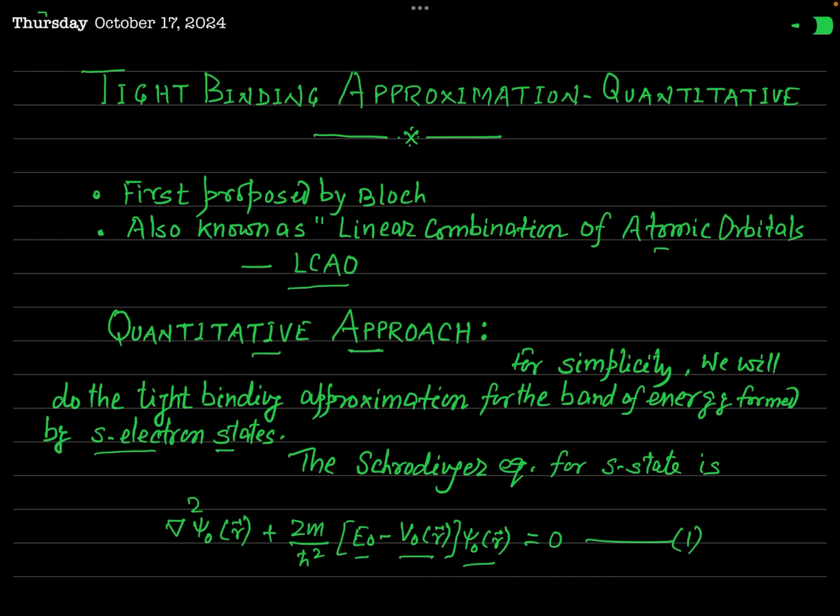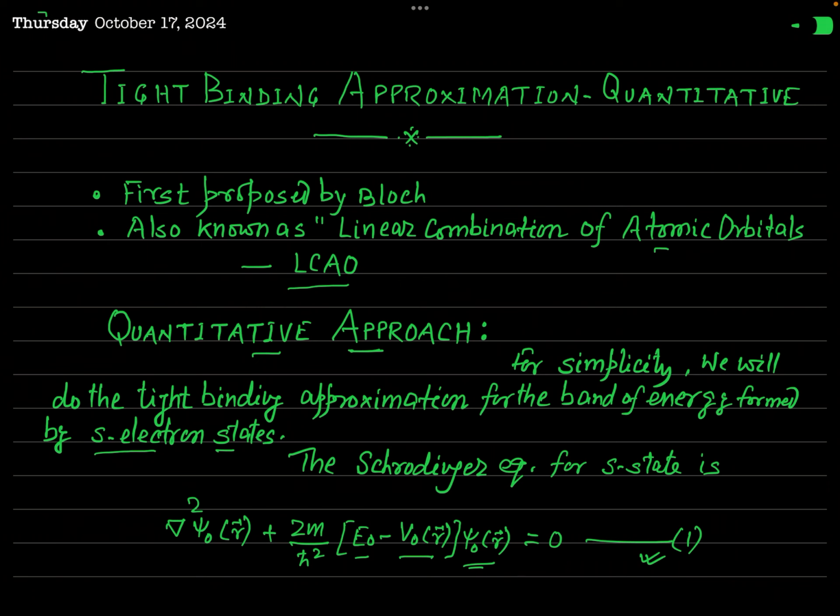So if you consider the ground state wave function of an electron moving in a potential V naught R of an isolated atom, and psi naught R is its wave function and its energy is E naught, then this wave function will satisfy the Schrodinger equation which I have written here in equation 1.